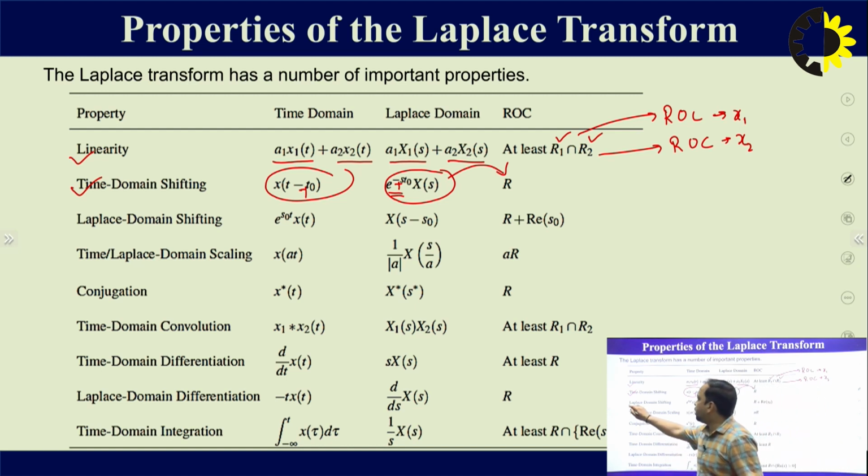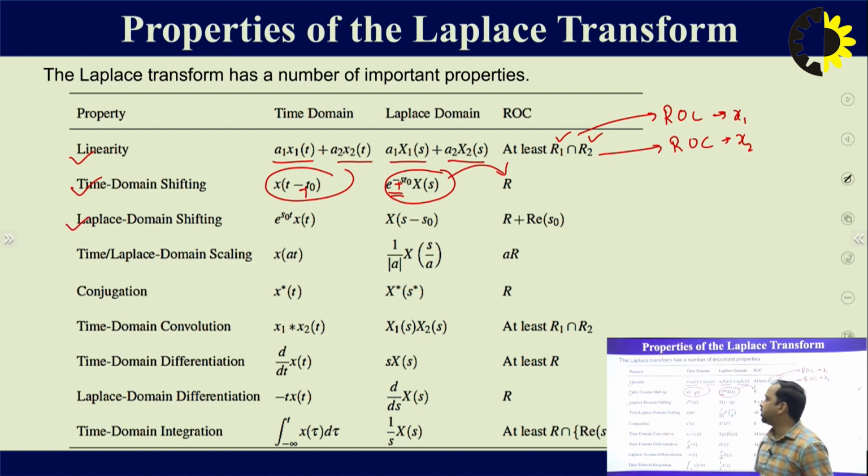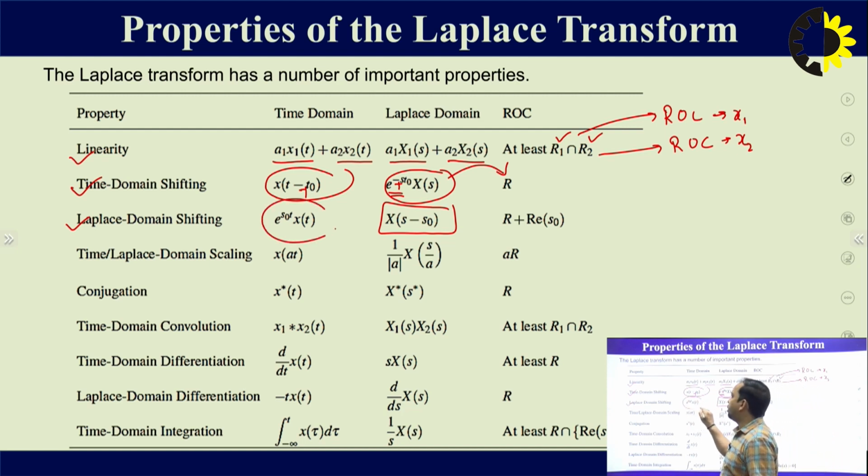The third property is the Laplace domain shifting, meaning the shifting in S domain. If we have a shift in S domain, X of s minus s naught, then as per the equation, the inverse transform will be e raised to power plus s naught t multiplied by x(t). Or if we have the positive sign over here, naturally we'll have negative in the exponential.